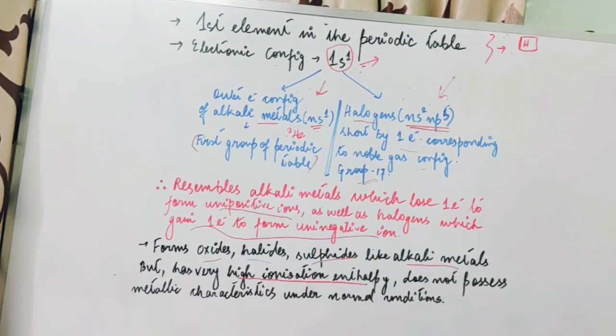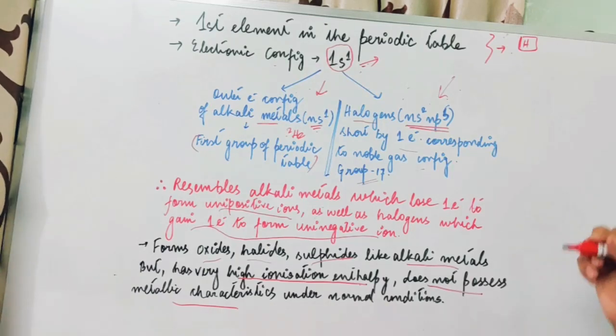Alkali metals have low ionization enthalpy, not this high. And under normal conditions, hydrogen does not possess metallic characteristics. So these are the points where hydrogen differs from alkali metal characteristics.